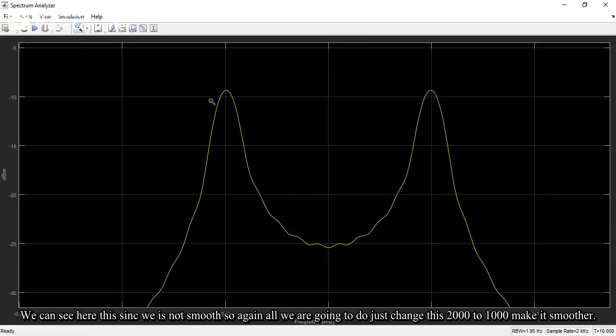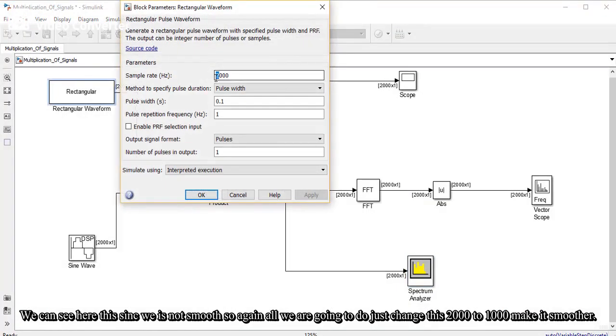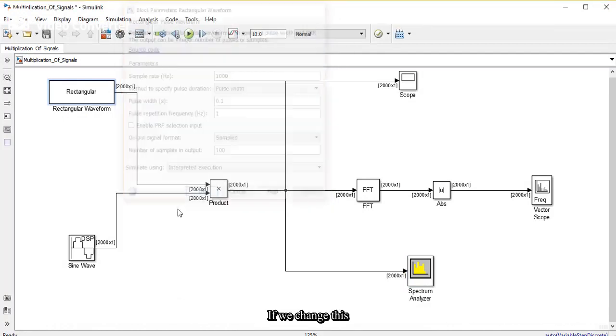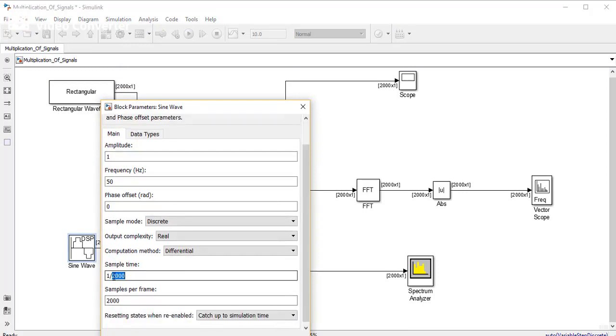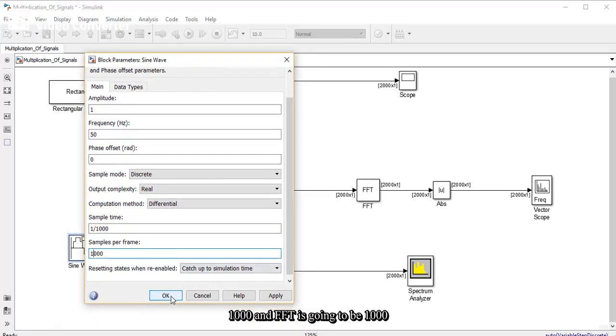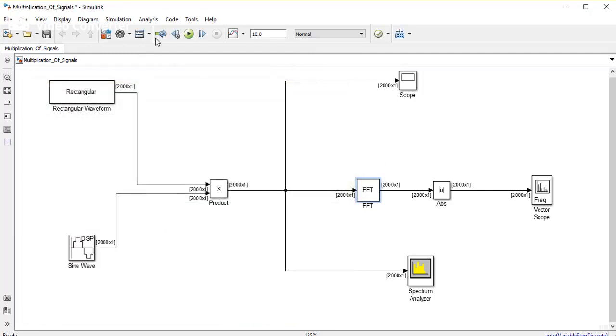by this we can see here that this sinc wave is not smooth. So again, all we have to do is just change this 2000 to 1000 to make it smoother. If we change this, we're going to change the sine wave as well. 1000 here, and the Fourier transform is going to be 1000.